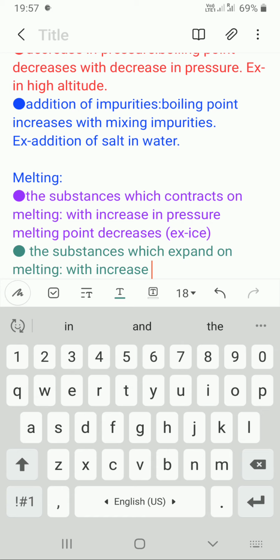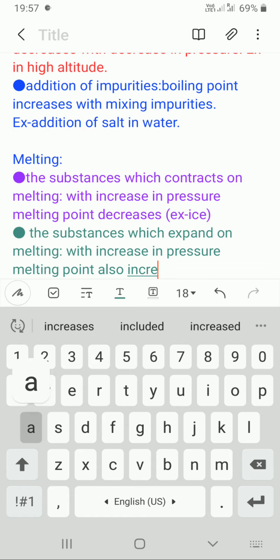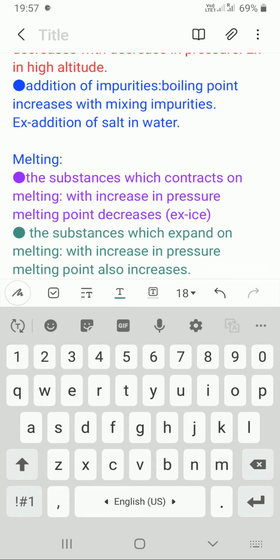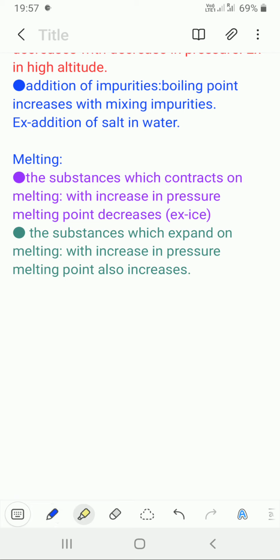We have observed that in this case, melting point also increases with increase in pressure.